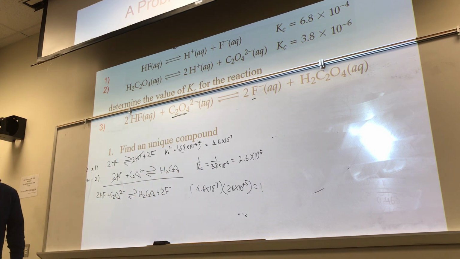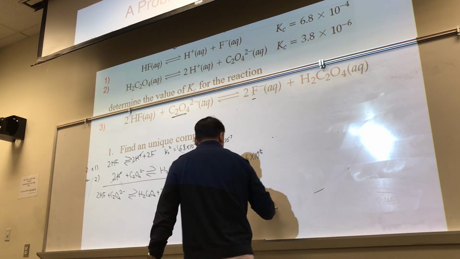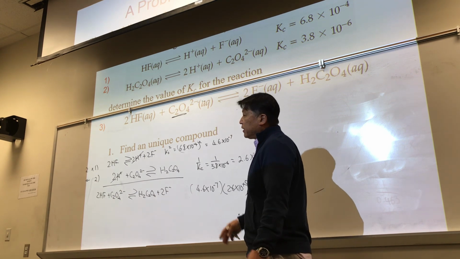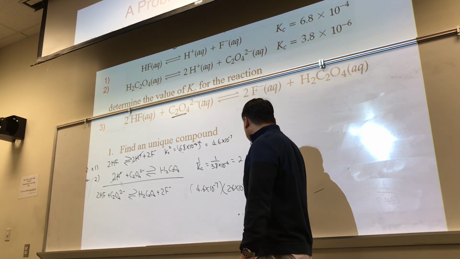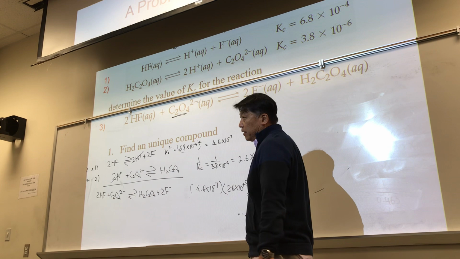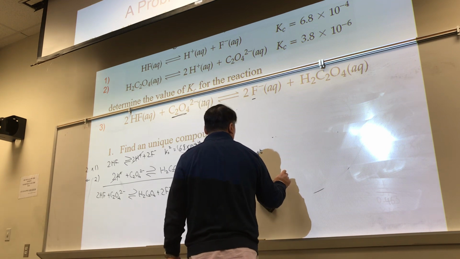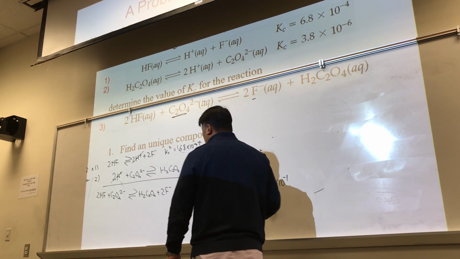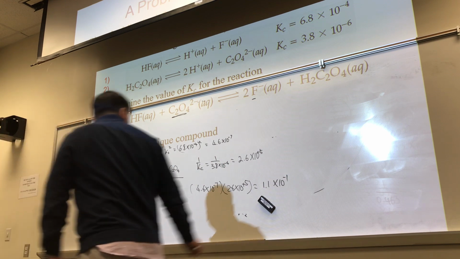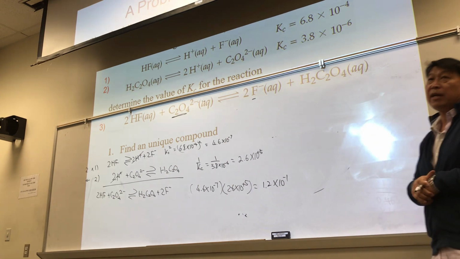So 4.6 times 2.6, what do you get? 11.96, so 0.1196. So it's going to be negative 1. Okay. That should be the answer.